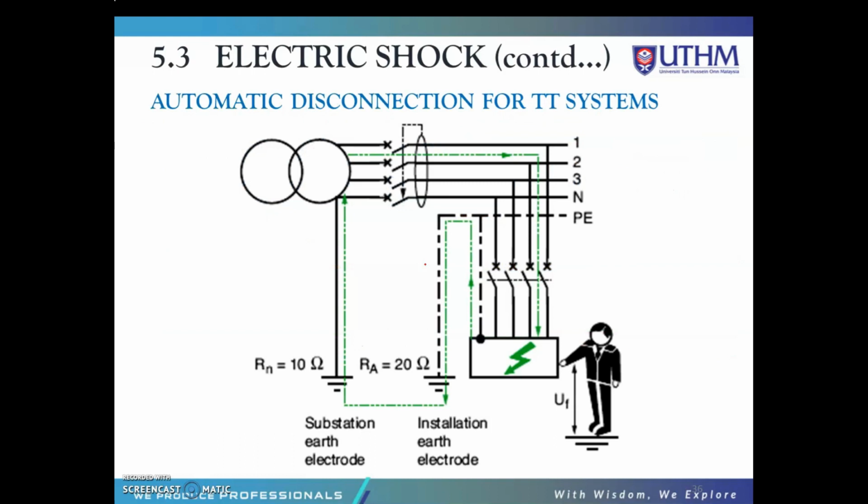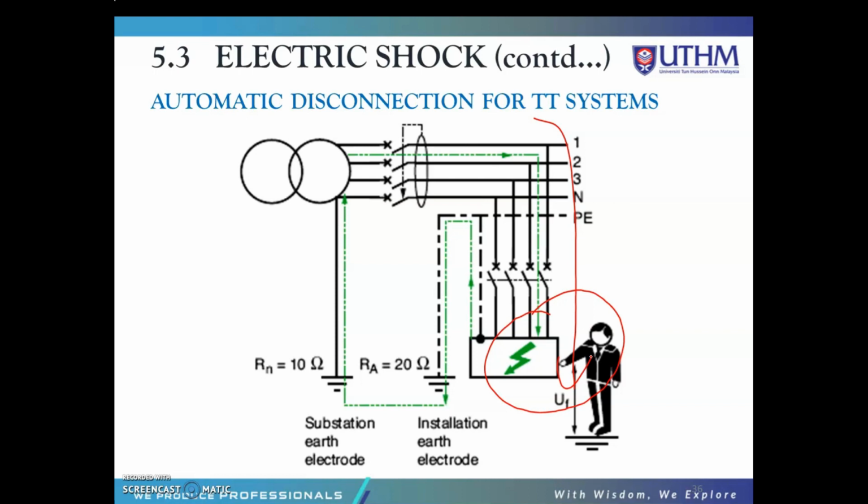Okay, so this is the automatic disconnection for the TT system. In the event of an insulation fault in the receiver, the fault current IF flows in the circuit called the fault loop.